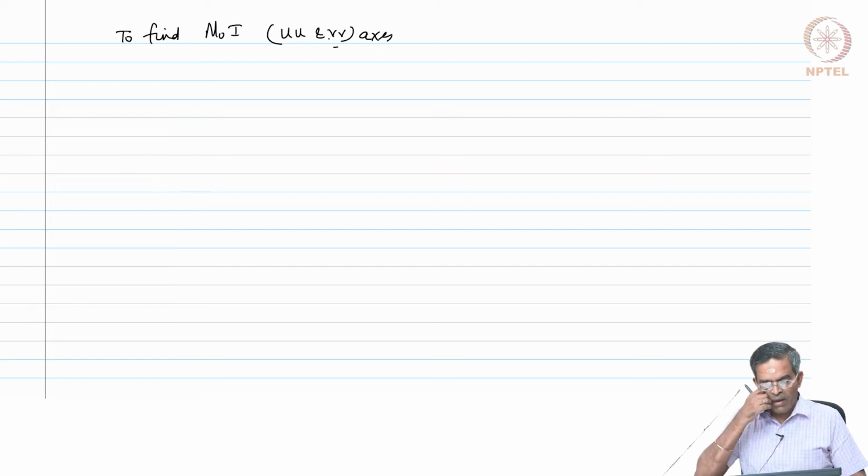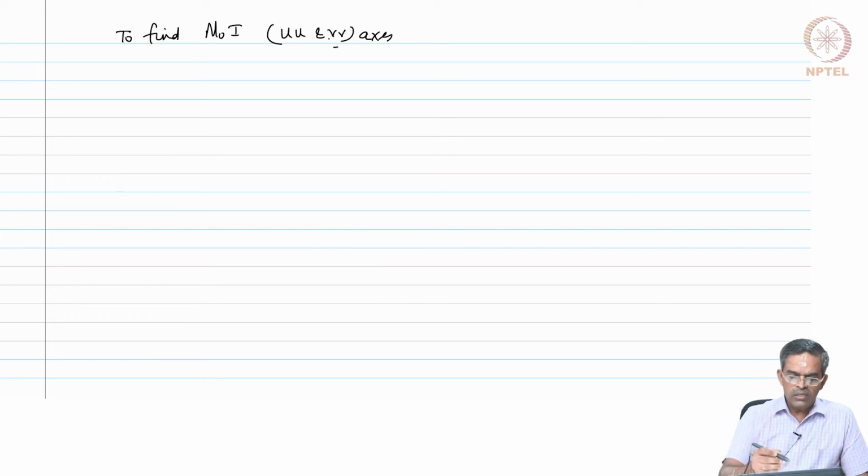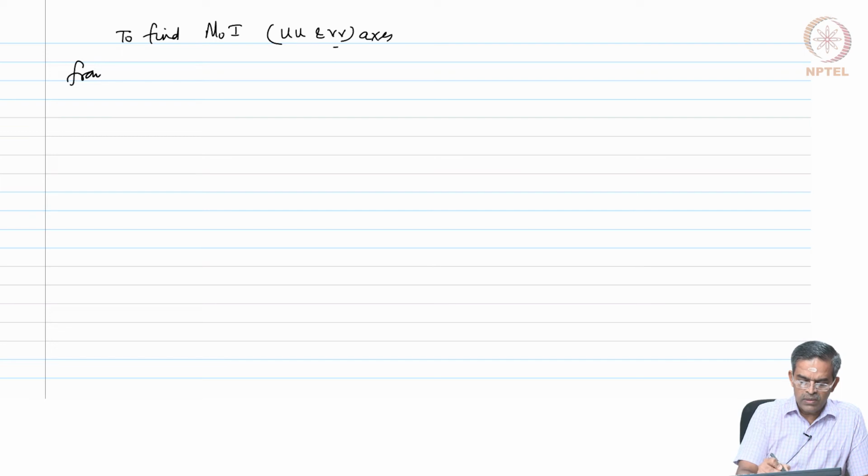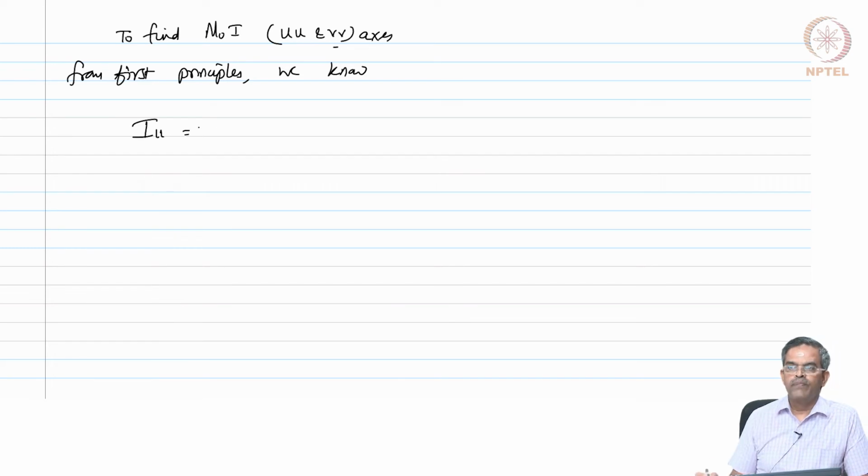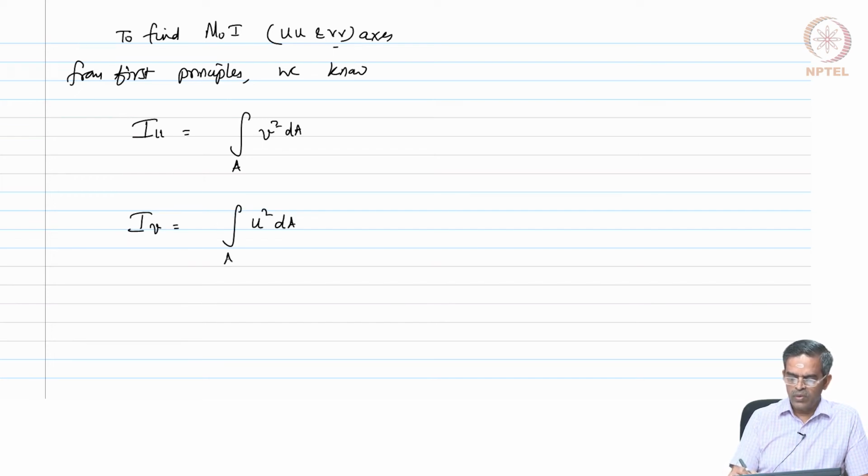They are inclined by an angle alpha. So, it is not that easy to find out IUU and IVV. So, let us use first principles. From first principles, we know IU is integral V square dA for the whole area A. IV is integral u square dA for the whole area A. We call this equation as 2E.